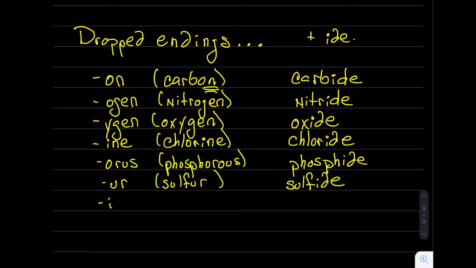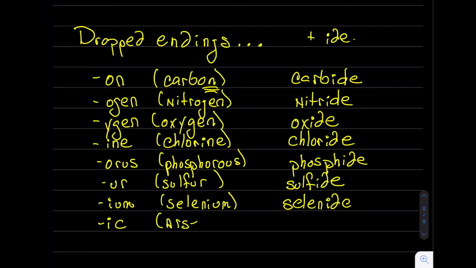Let's see, ium, like selenium. It would be selenide. We could drop ic, like arsenic, making it arsenide. Okay, so that's how you drop endings.